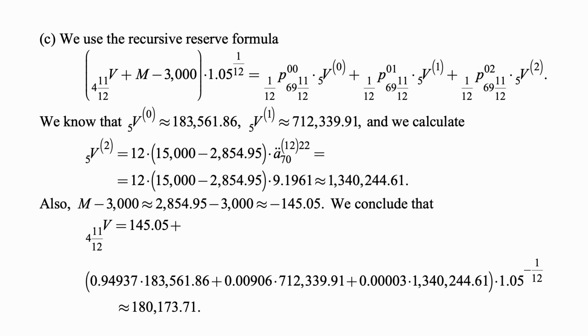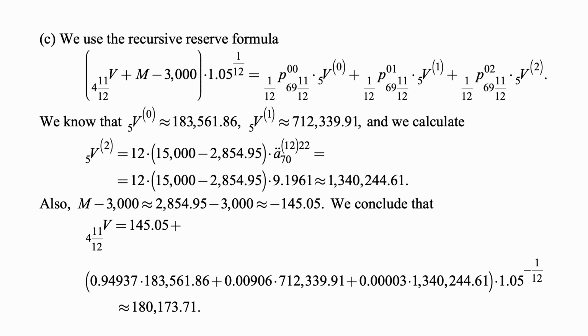That comes from the very first formula in C, where we solve it for 4 and 11/12 V. M minus 3,000, which we calculated to be negative 145.05. If we multiply both sides by 1.05 to the negative 1/12, then that moves to the right-hand side.